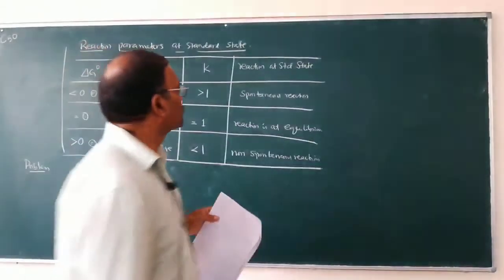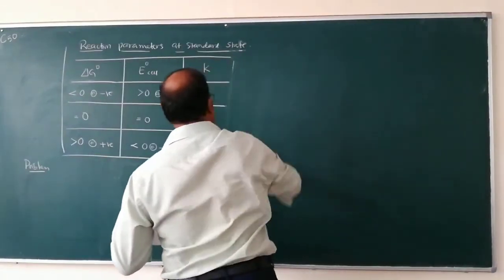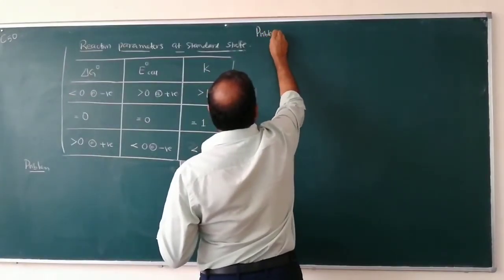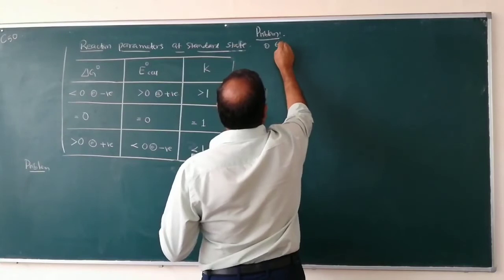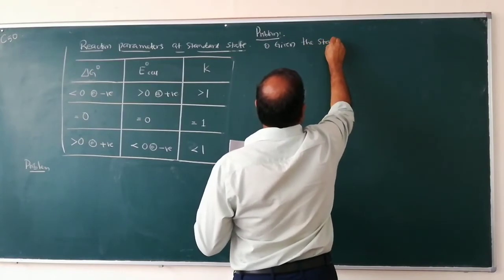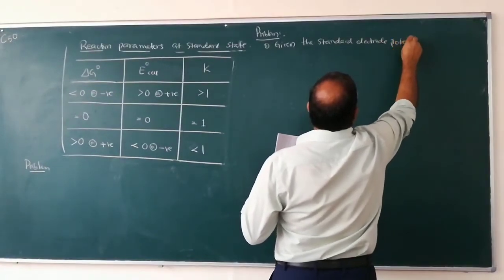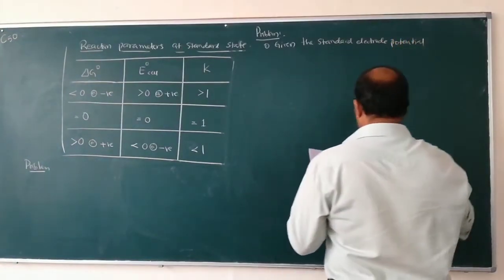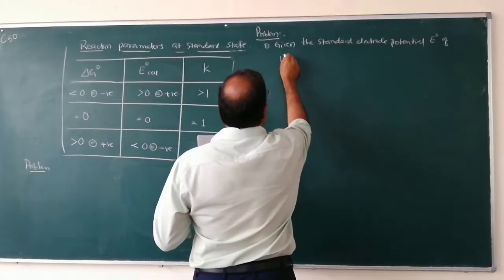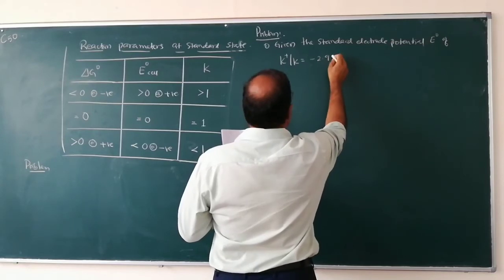Given the standard electrode potentials, E naught of K plus bar K is equal to minus 2.93 volts.